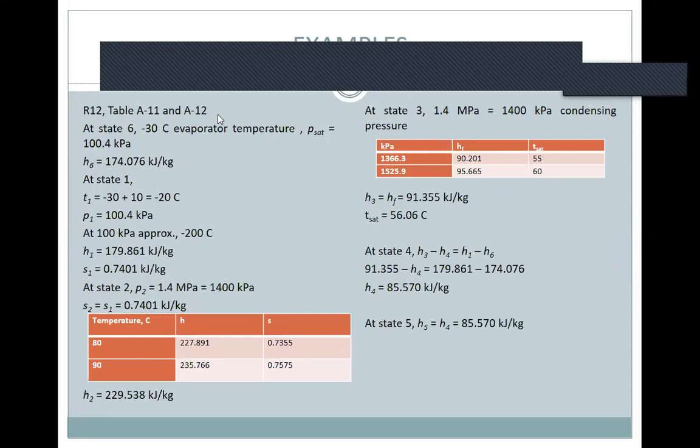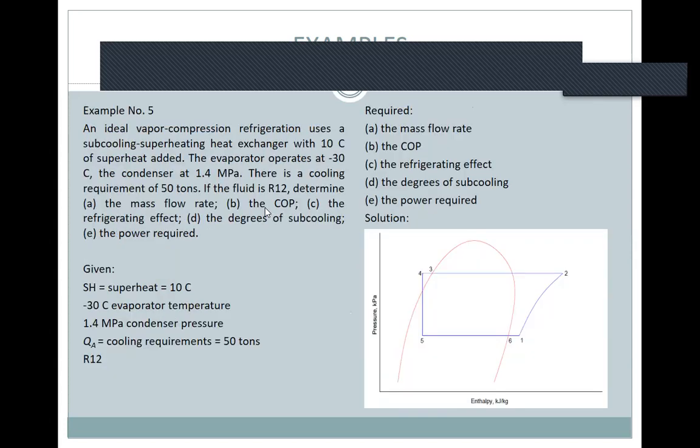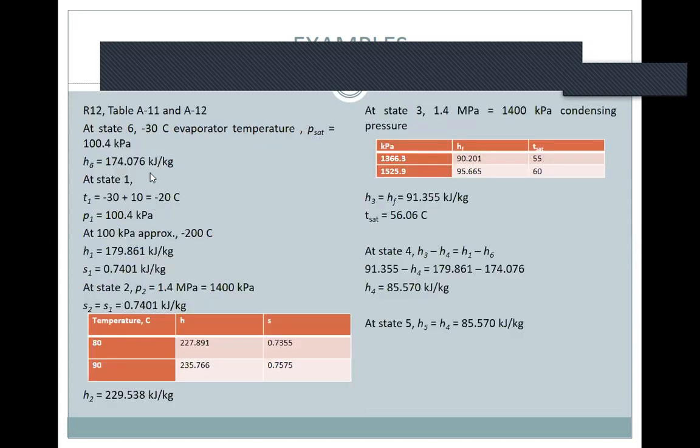R12 is table 11 and 12 ng Stoker. At state 6, negative 30 evaporator temperature, Psat is 100.4 kilopascal. Diba? So H6 is 174.076 kilojoule per kilogram. Ito, saturation properties. At state 1, so T1 is equal to negative 30 plus 10.